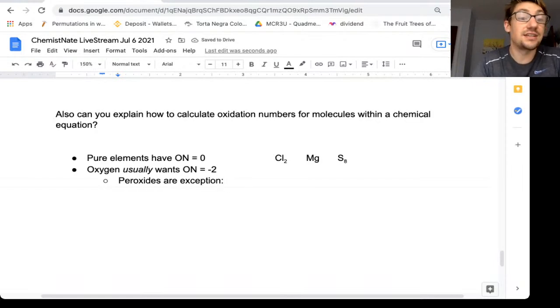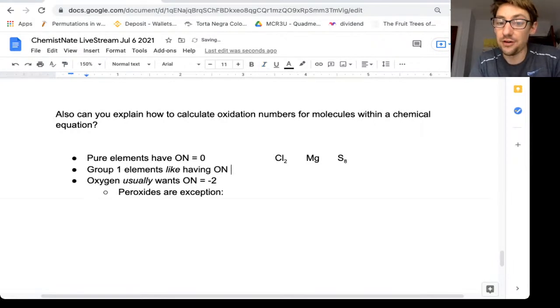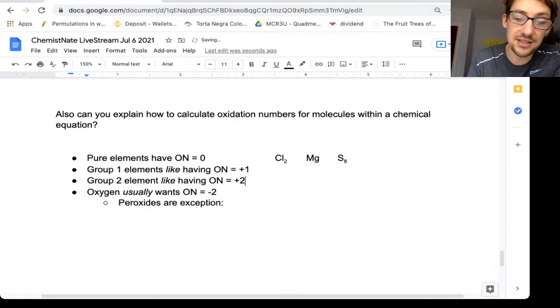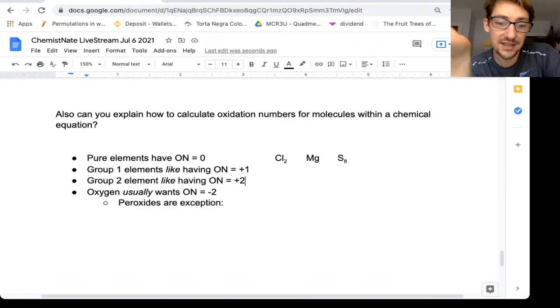So the way that I teach it now is that group 1 elements like having an oxidation number of +1, and group 2 elements like having an oxidation number of +2. Oxygen will take on whatever oxidation number is required so that the sum of all the oxidation numbers is the charge on the particle total.